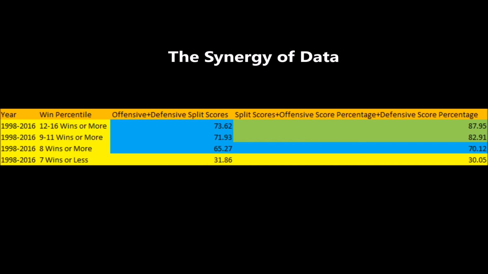And it boils down to this, guys. It's really simple. If you're good at creating points offensively, better than everybody else, you're good on defense at preventing teams from scoring at a good percentage, and you're also pretty good at getting first downs and preventing first downs on defense, you're going to win more football games. It's as simple as that.